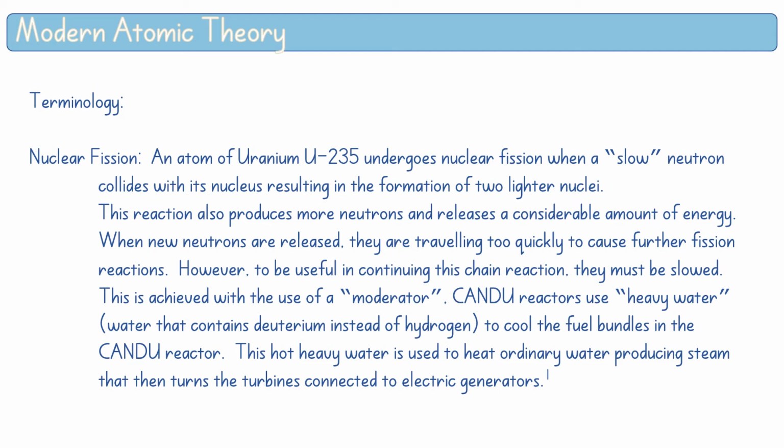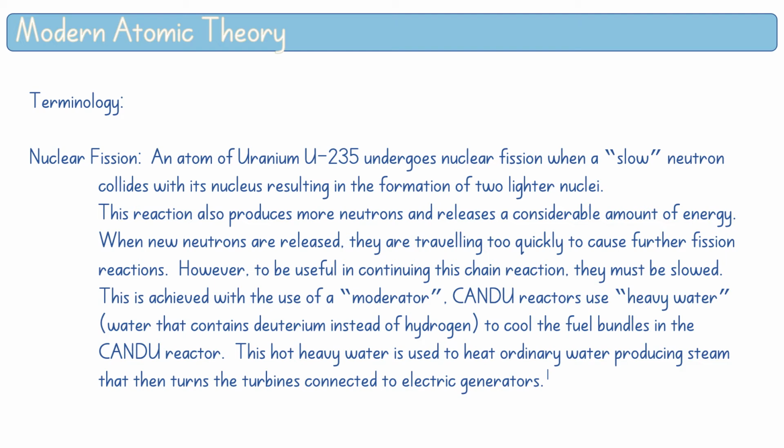When new neutrons are released, they are traveling too quickly to cause further fission reactions. However, to be useful in continuing this chain reaction, they must be slowed down. This is achieved with the use of a moderator.